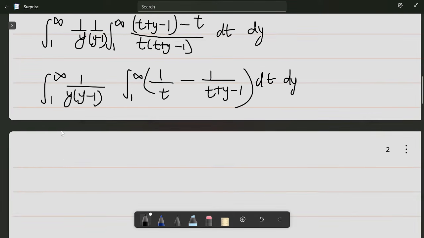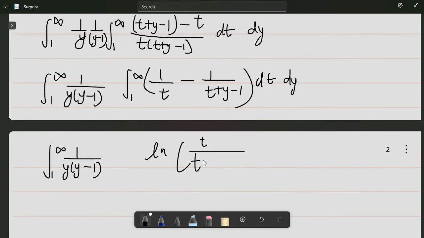Now from 1 to infinity of 1 by y times (y minus 1), this is just ln of t by (t plus y minus 1) from 1 to infinity, and then dy.